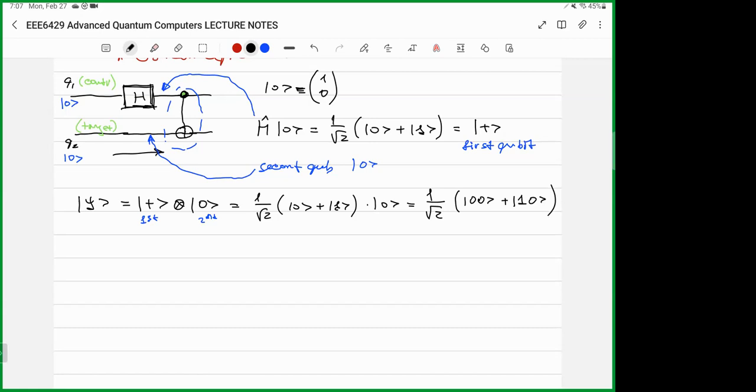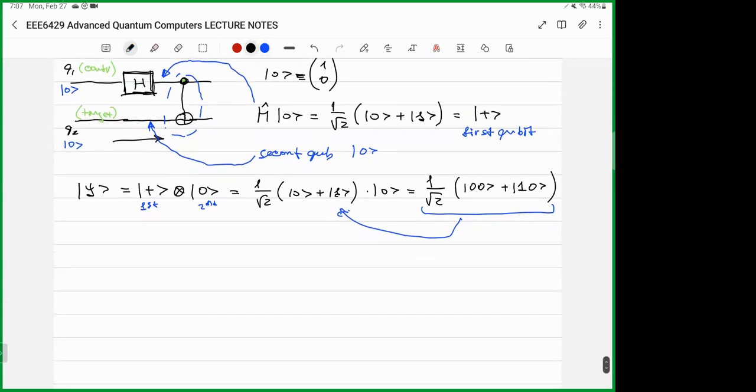This is a separable state. I can represent it as a product of the plus state and the 0 state, so this is not an entangled state yet.